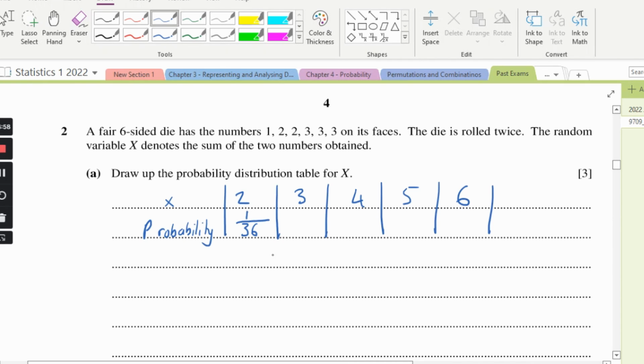Now, if we think about 3s, what are the different ways that we can get a 3? We could get a 1 the first time and then a 2. Or we could get a 2 the first time and then a 1. Now, what's the chance of getting a 1 and then a 2? 1/6 times 1/6, Ruth?